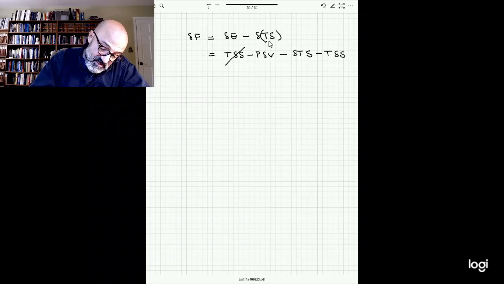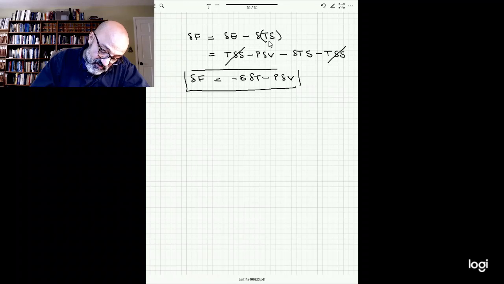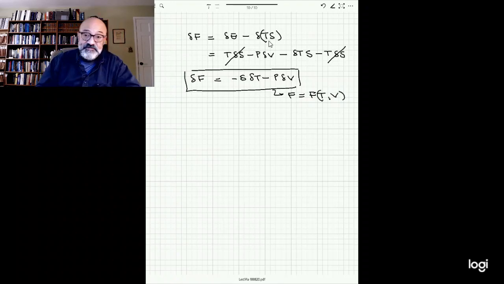This guy cancels that, and so we have that the change in the free energy is going to be minus S dT minus P dV, which shows that the free energy is a function of temperature and volume.